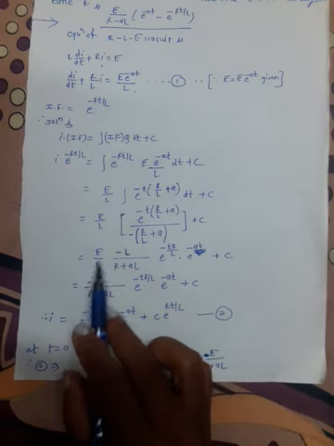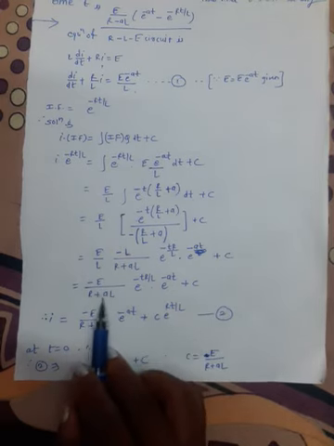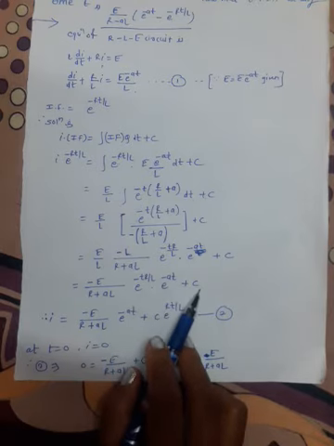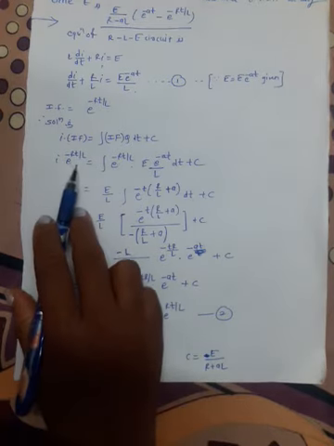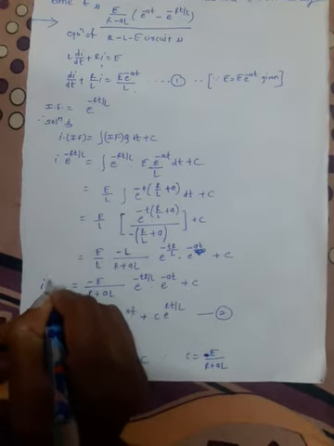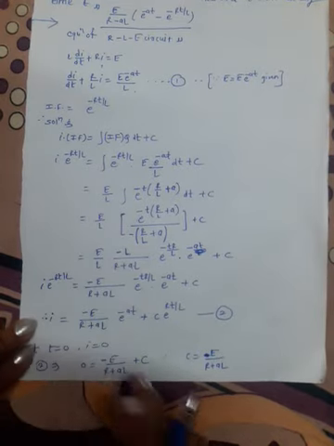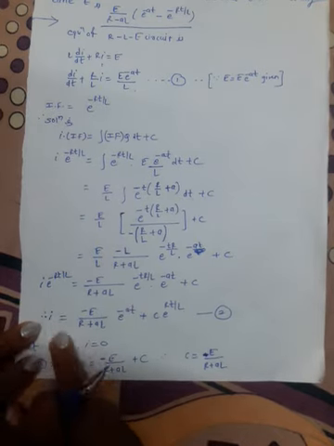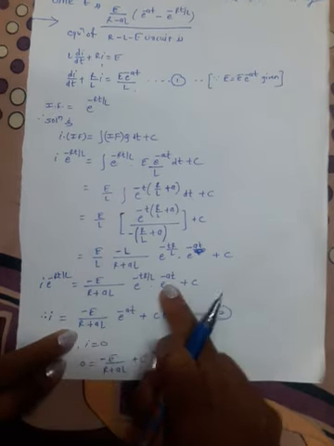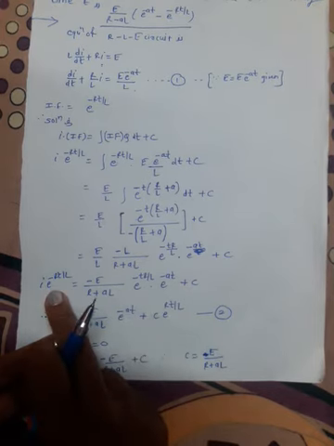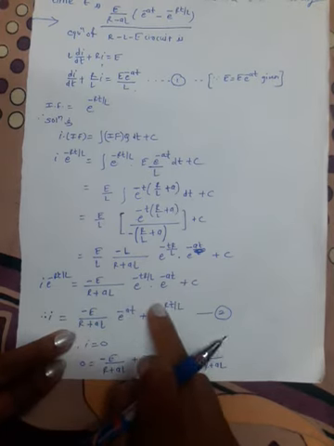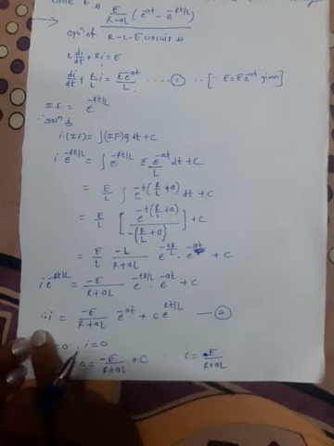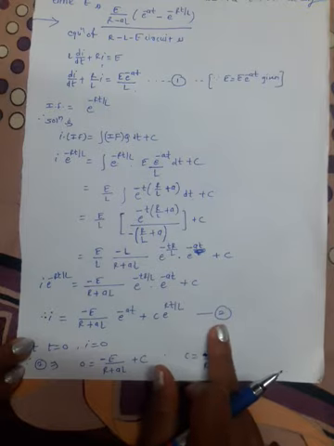Now L gets cancelled, E upon minus E upon R plus aL into this as it is plus C. Therefore, this is the LHS side. Now divide this equation by this exponential term, we get I equal to this term as it is, e raised to this term as it is, this term gets cancelled, this term gets cancelled, plus C divided by e raised to RT upon L, which comes to the numerator as minus RT upon L. This is the solution. Call it equation number 2.